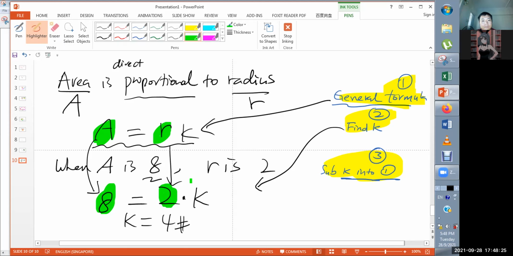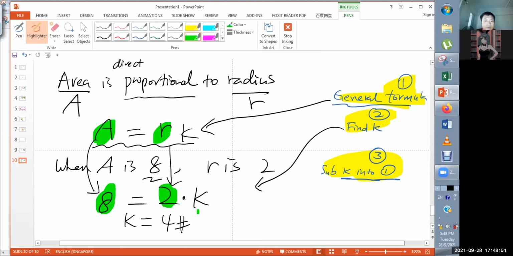Negative K is positive K. Oh, okay. I get it.